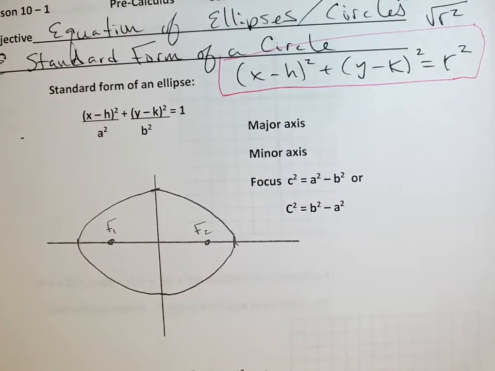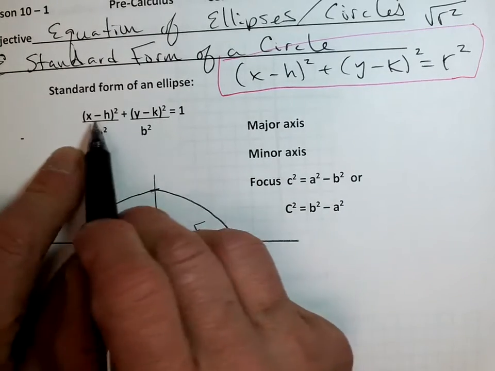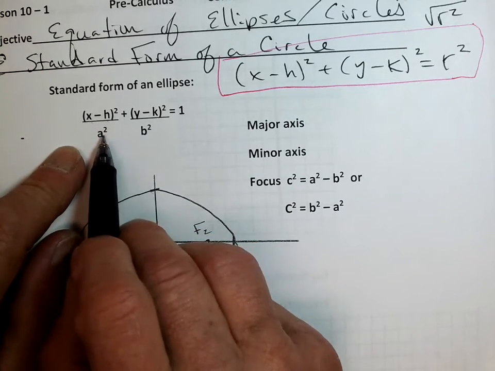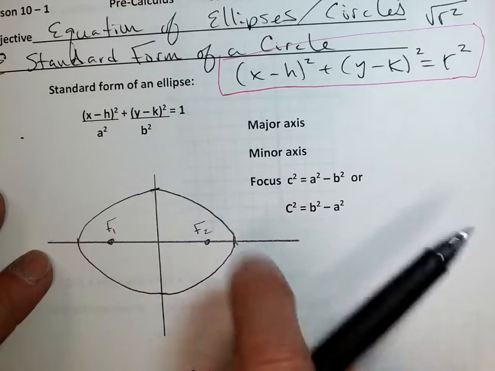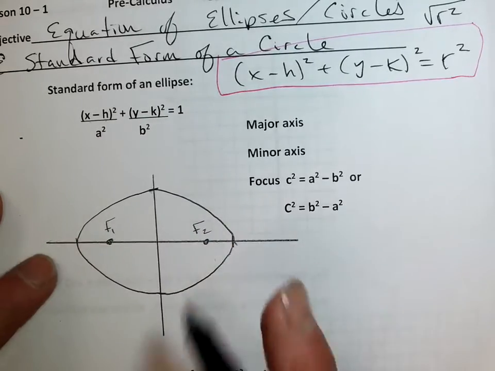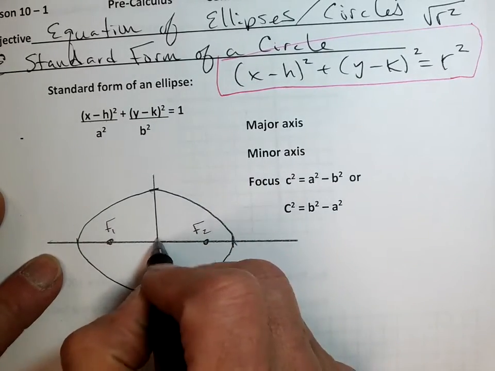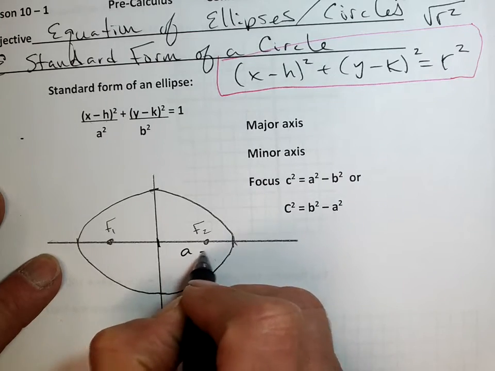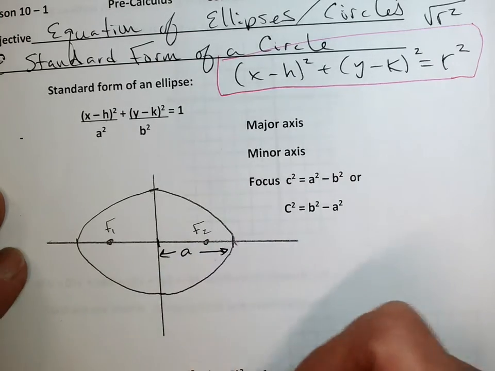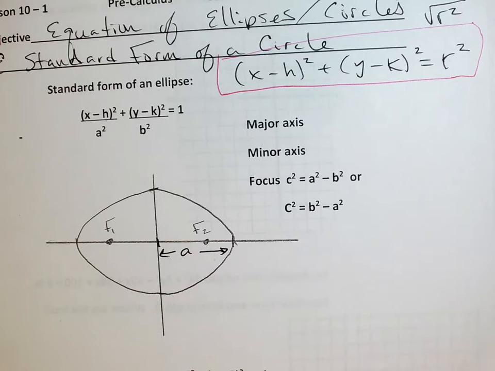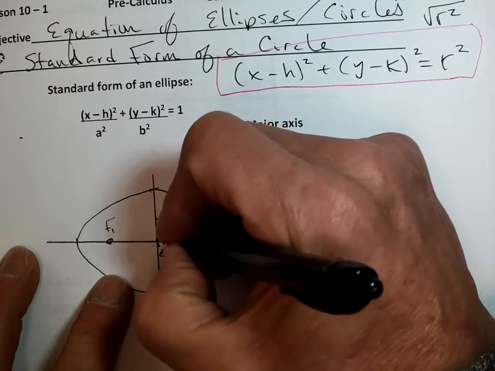So, standard form of an ellipse is (x minus h) squared over a squared. Okay, now a is the length of kind of like its radius. So a is this length on the x, like its radius. But you can't call it a radius because, you know, it's not a circle, right? And b is this length, okay?